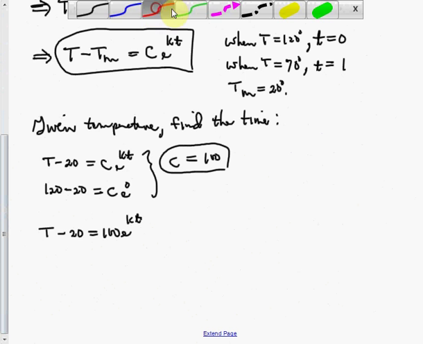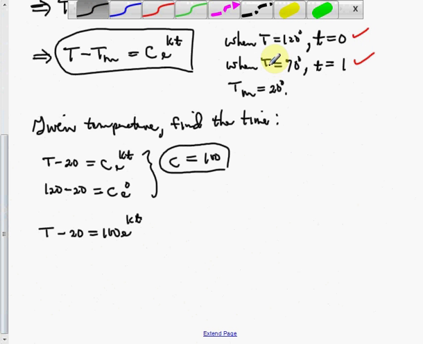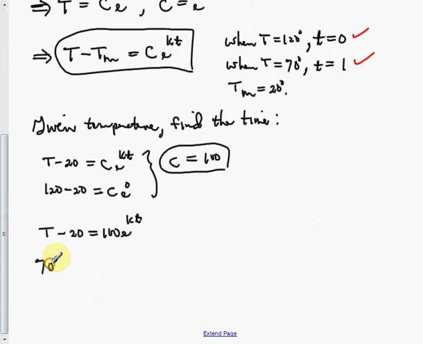We have these two initial conditions here and there. By that second one, when the temperature is 70 degrees, the time is equal to 1, we can solve for k. So here we have 70 degrees minus 20 is equal to 100 times e to the k times 1, or just k.